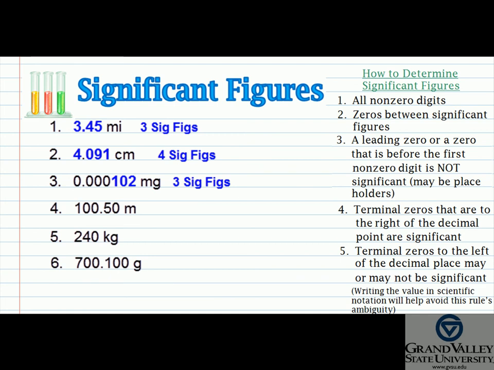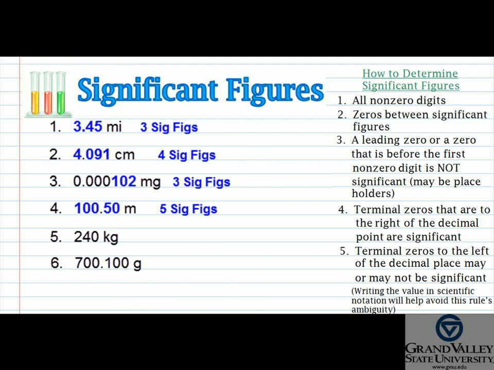For problem number 4, all non-zero digits and zeros between significant figures are significant. According to Rule 4, terminal zeros to the right of the decimal point are considered significant. Therefore, the total number of significant figures is 5. Notice that for problem number 5, the value does not have a decimal point.